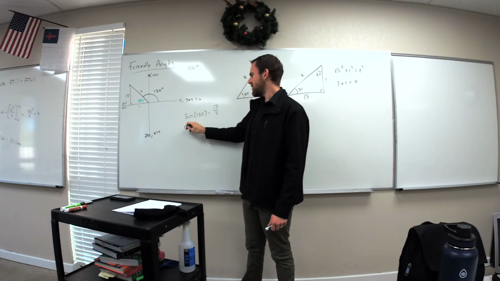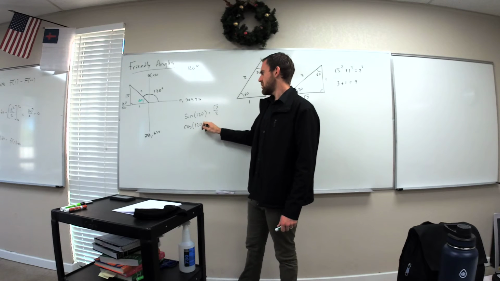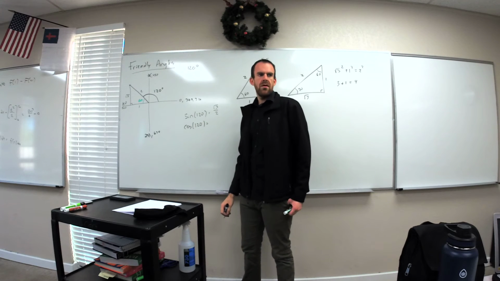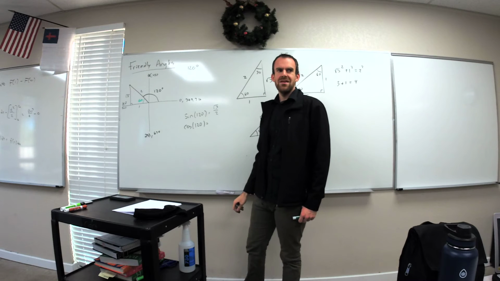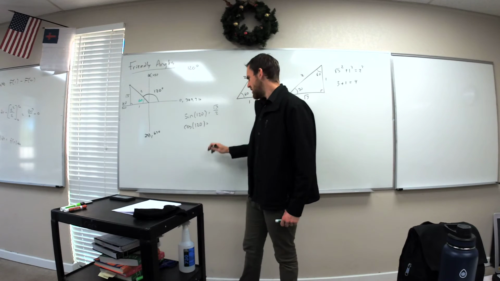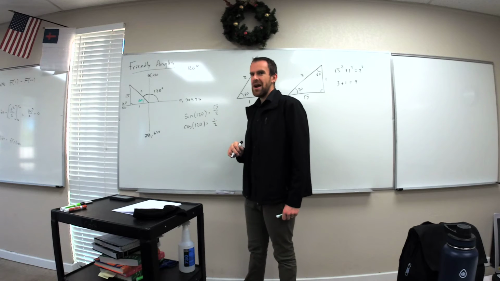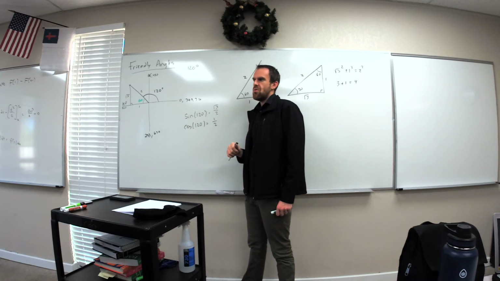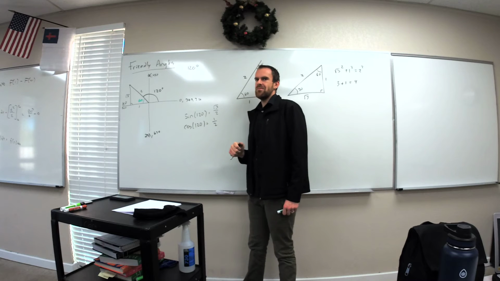What about cosine? Cosine is adjacent over hypotenuse. Adjacent is 1, hypotenuse is 2. Is that right? Uh-huh. Yes. No. Never mind. What is wrong with that? Adjacent over hypotenuse, right?